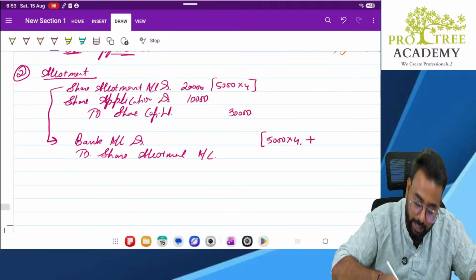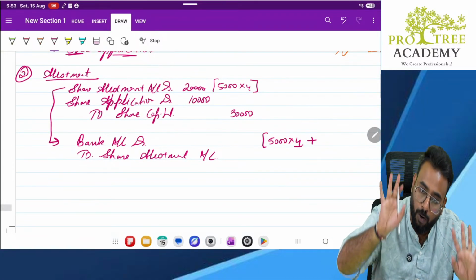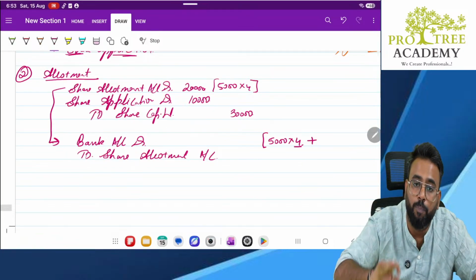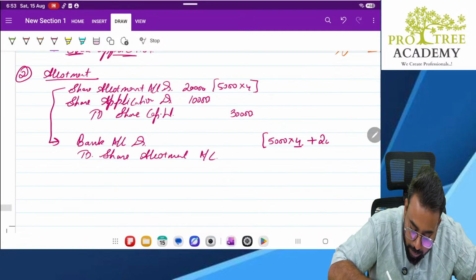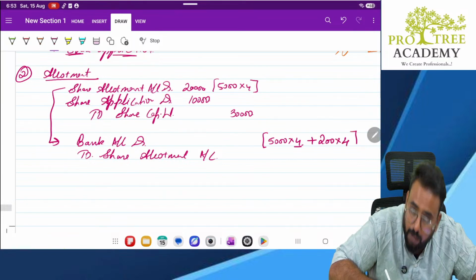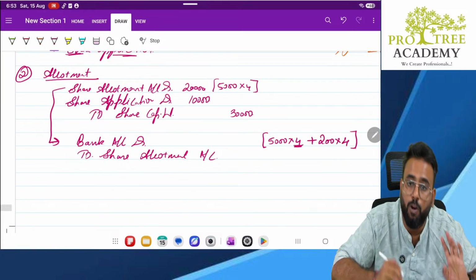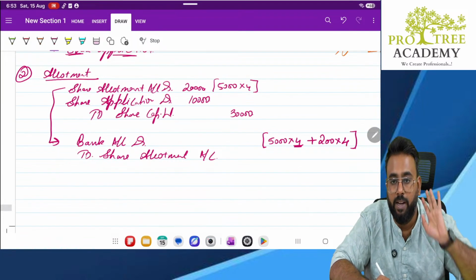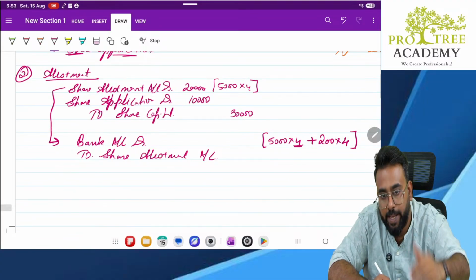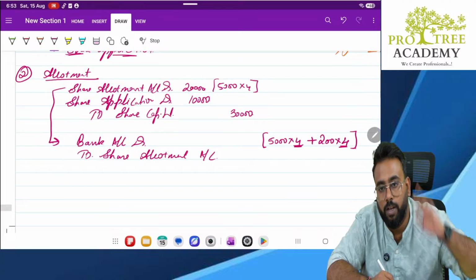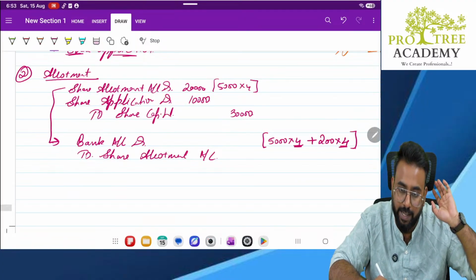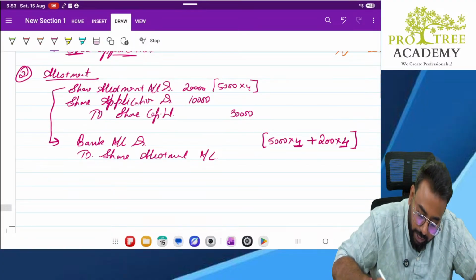That means he has paid 4 rupees of allotment, which is anyhow due, and along with that he is paying another 4 rupees for first call now only. Understanding everybody? Yes.